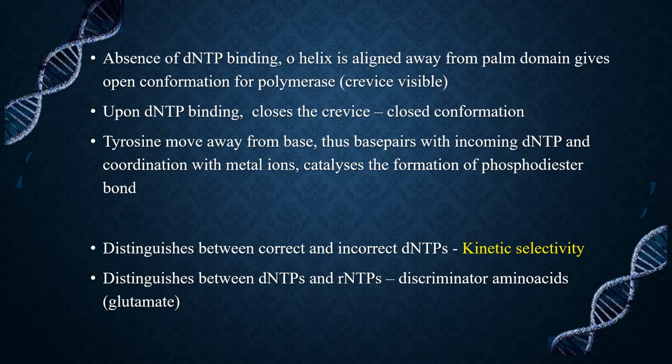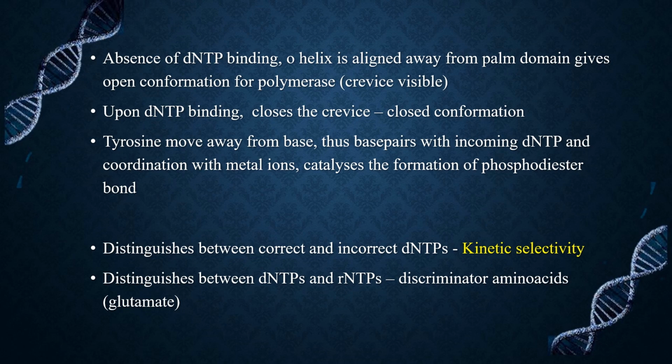In the absence of dNTP binding, the O helix is aligned away from the bound domain, giving an open conformation for the polymerase. So a crevice is visible between the thumb and finger domain. Upon dNTP binding, a conformational change creating forward movement in the thumb and a rotational motion in the finger closes the crevice.